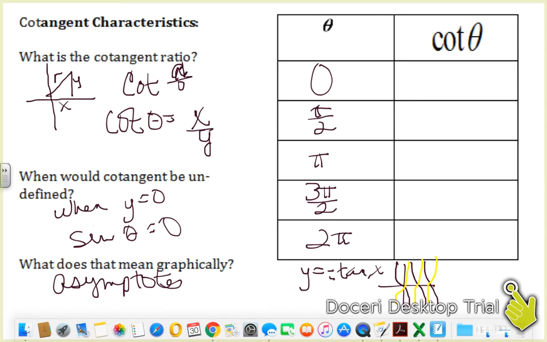Negative tangent goes through the origin, but it is flipped over the y-axis. Cotangent is going to look pretty much like negative tangent. The only difference is we do not go through the origin, so that's how you tell the difference between the two of them. Okay, cotangent is x over y.